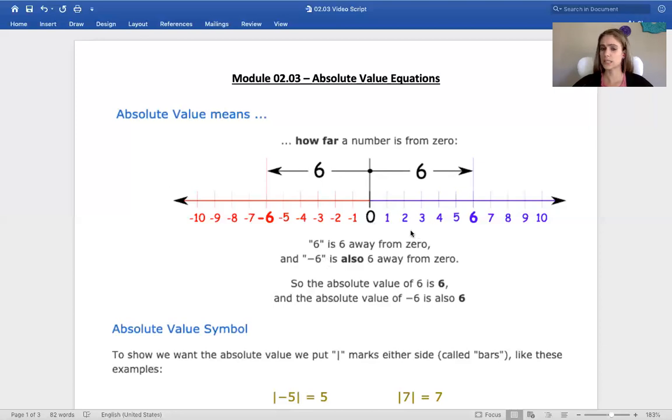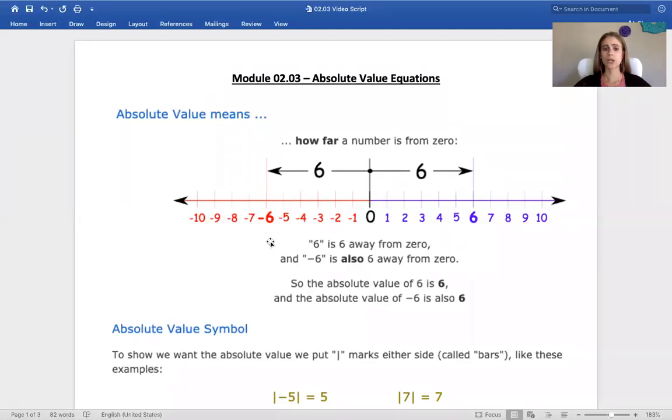If we look at this example on the number line, we can see here that -6 is 6 away from zero, as is +6. So even though the values are different, the absolute value is the distance. It's how far away it is from zero, which is why they're the same and they're both a positive number.